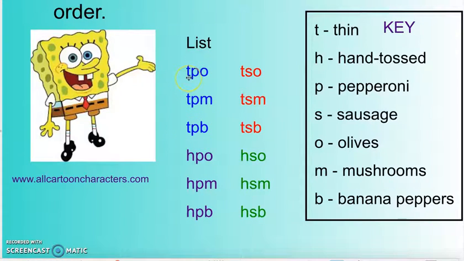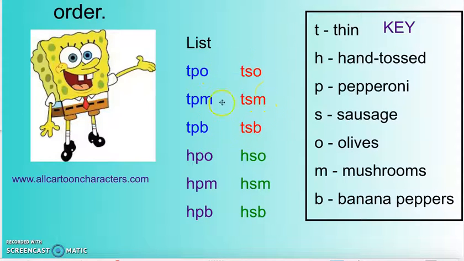So T is for thin, P for pepperoni, and then I'm going to organize all three of the different vegetables. So I can have thin crust, pepperoni, and olives; thin crust, pepperoni, and mushroom; thin crust, pepperoni, and banana pepper. So this covers all the options that I can have just for thin crust with one type of meat.